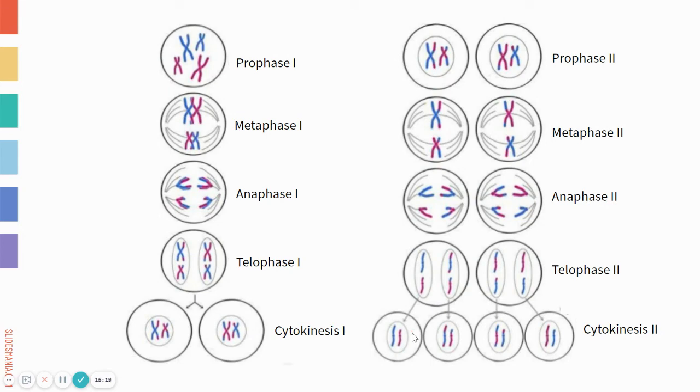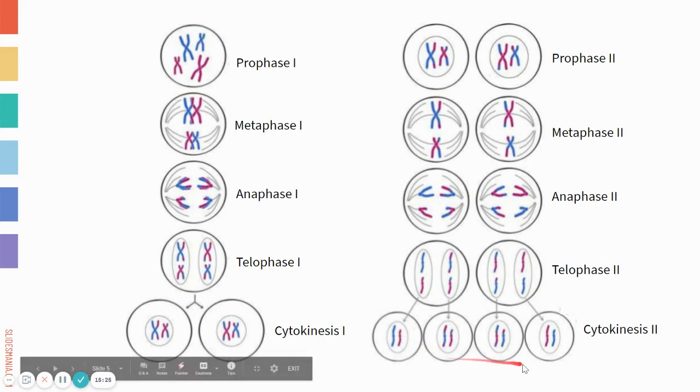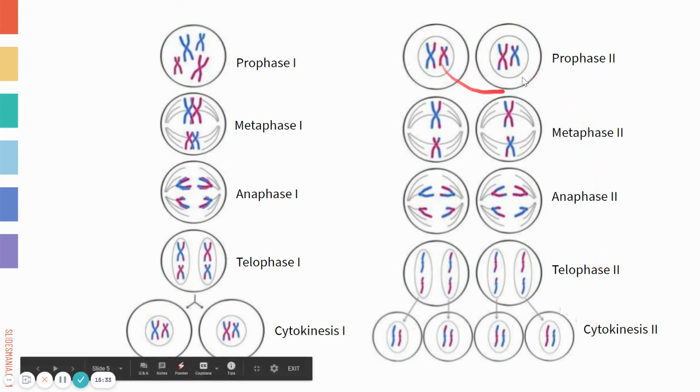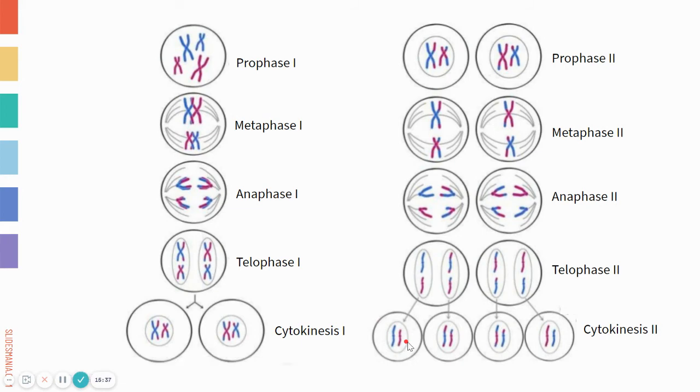So it's nothing new for meiosis 2. It's pretty much exactly what you remember from mitosis. So you can see at the end here, we've got 4 daughter cells, and they're staying haploid because they started off as already being haploid at the beginning, and they stay haploid at the end. And we went through 2 divisions to get those 4 cells.